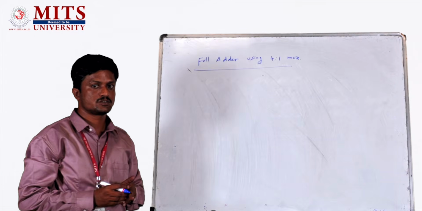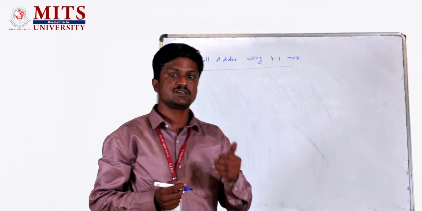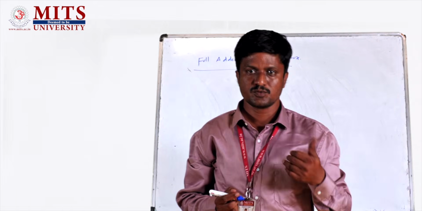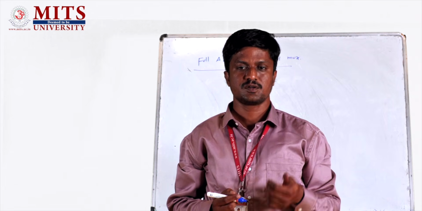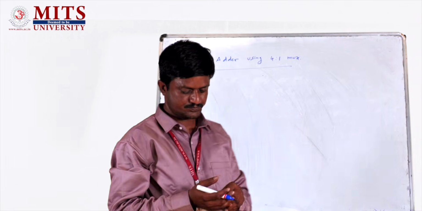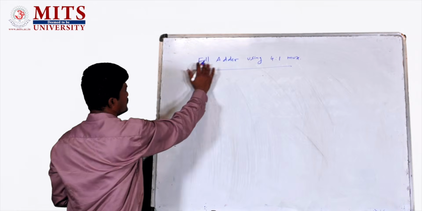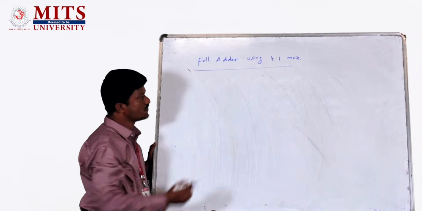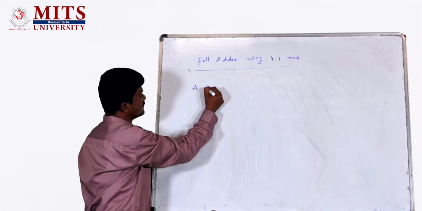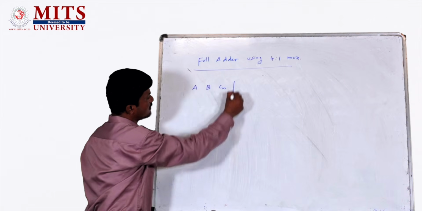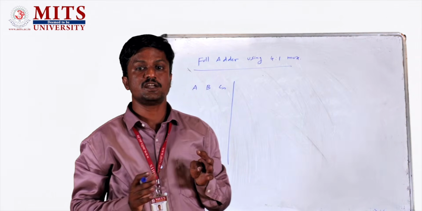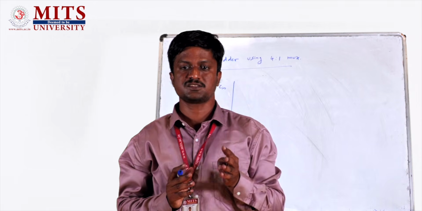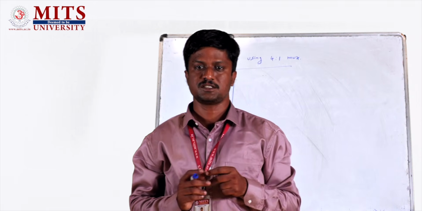First, we should have an idea about the logic expression for 4 is to 1 mux, and you want to know the truth table of the full adder. So first I am going to go with the truth table of the full adder. A full adder consists of 3 inputs, but it is called a 1 bit adder because the size of the inputs is 1 bit.